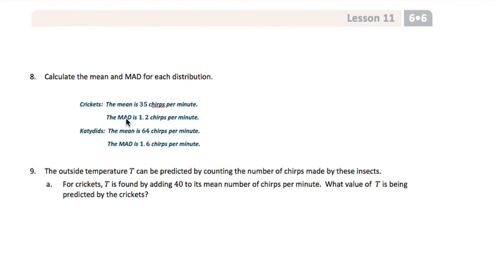The outside temperature, T, can be predicted by counting the number of chirps made by these insects. For crickets, T is found by adding 40 to its mean number of chirps per minute. So what value of T is being predicted by the crickets? So we would take the mean, which is 35, and add 40.